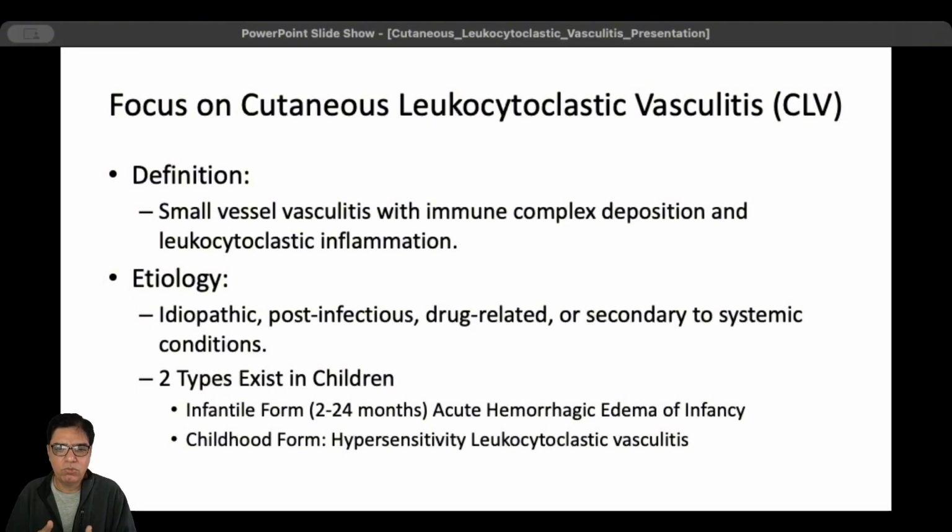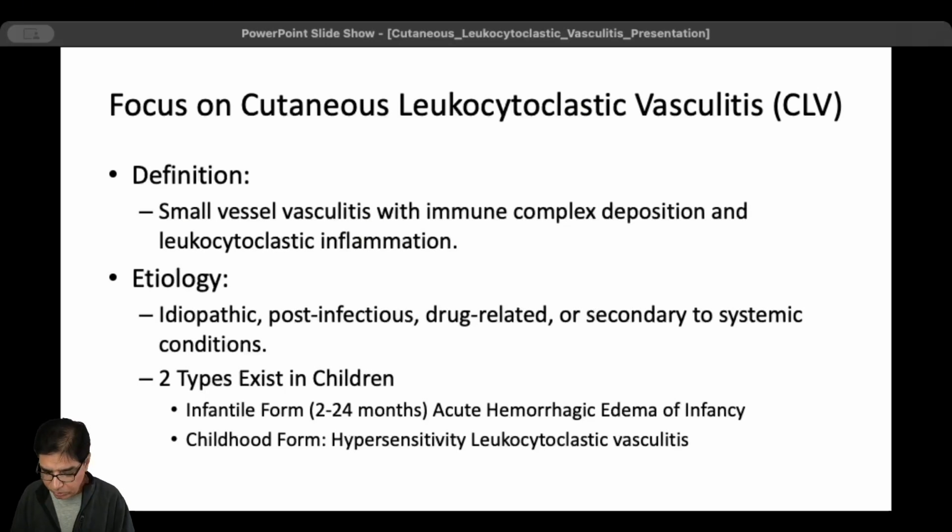By and large, most of the time the diagnosis is made clinically. So based on the clinical features, based on the initial investigation workup, ruling out the other conditions, you then narrow down your diagnosis to this particular condition. So this child had hypersensitivity leukocytoclastic vasculitis.